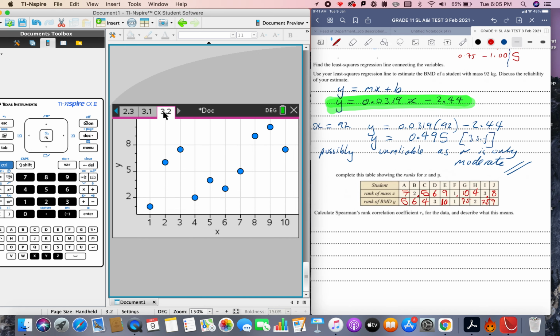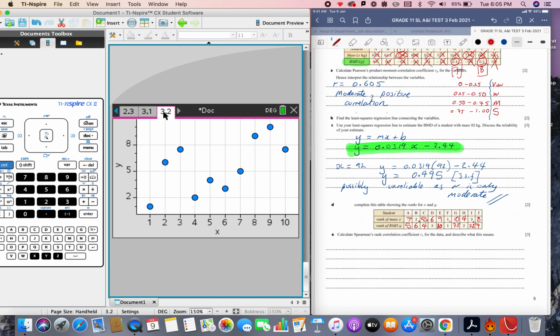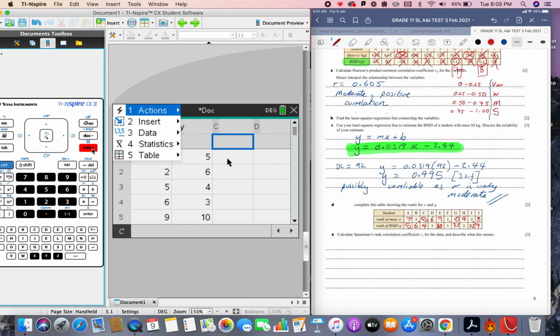Okay, so when we do now performing the R value for Spearman's, we actually just go through the same process. If I go back to the ranks in here, we just go and ask the calculator to work out the correlation coefficient for the ranks. And this is called Spearman's rank correlation coefficient.